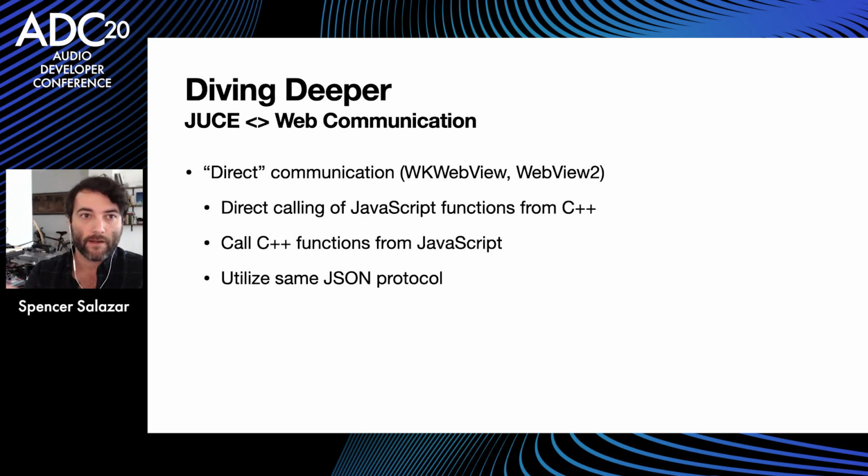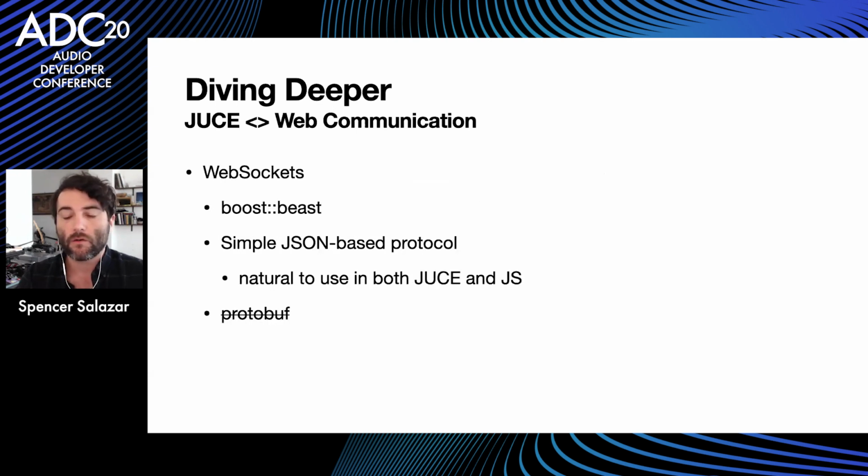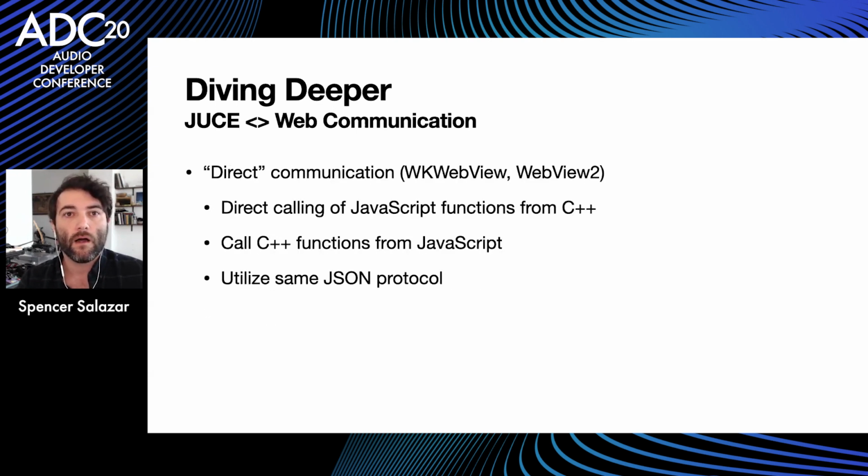In the web world, we can say, okay, can you load this preset into the audio engine? And fundamentally, they can use the same JSON protocol. At the end of the day, we're just passing JSON around, and the exact medium through which that JSON is passing can be changed between either direct communication or WebSockets. So that was pretty natural to use, but it did require a little bit of development to orient towards WK WebView and WebView 2.